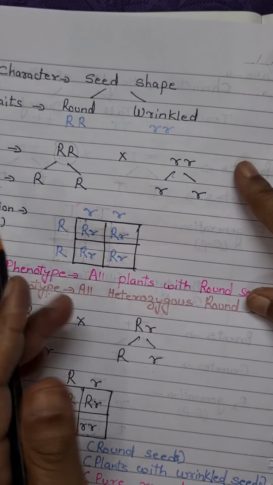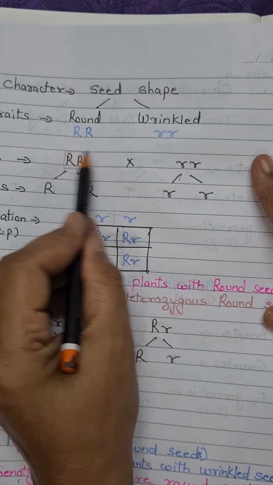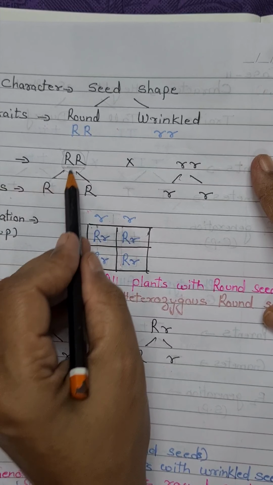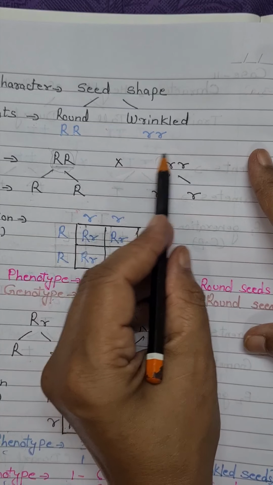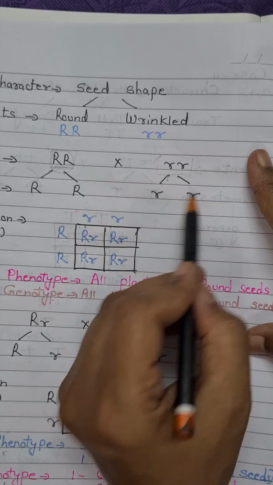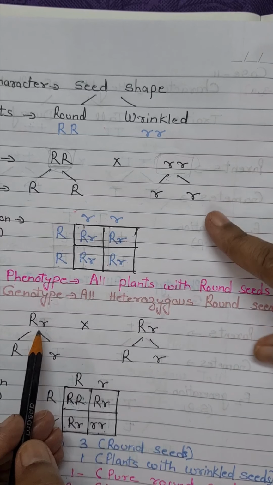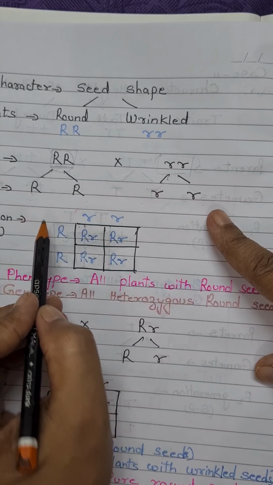Just see here. These are the two alleles for the same gene. So during gamete formation, they separate from each other. Here in the same way, these are the two alleles for the same gene, and during gamete formation, they separate from each other. They will never go together into one gamete.